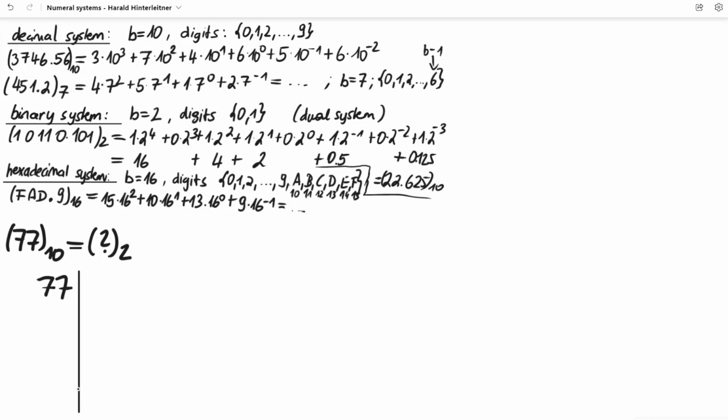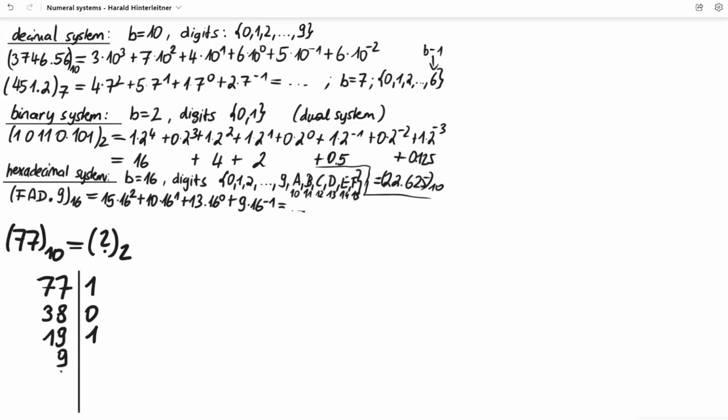You create a vertical line, and you divide by 2. 77 by 2 is 38, and the remainder is 1, which you write here. 38 divided by 2 is 19, the remainder is 0. 19 divided by 2 is 9. 2 times 9 is 18, remainder 1.